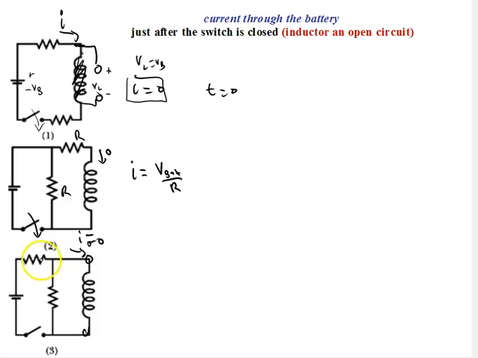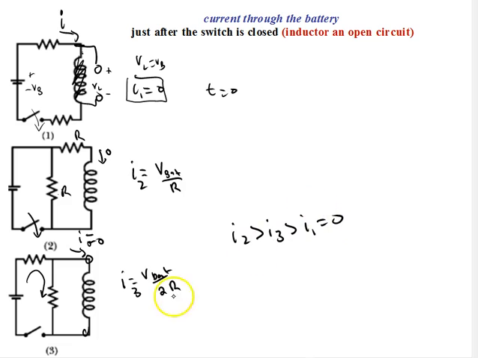I is equal to 0. Now, we're going to have current flowing from the battery around here. So, in this case, our I is going to be equal to V divided by R plus R, or 2R. So, this is I1, I2, I3. So, our I2 is greater than I3, which is greater than I1, which is equal to 0.